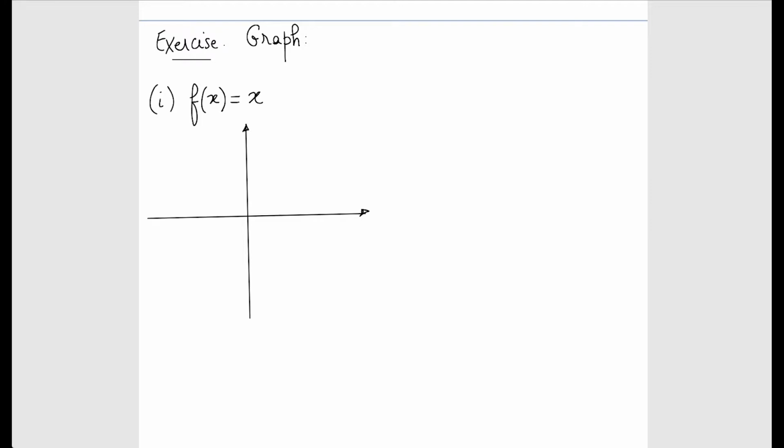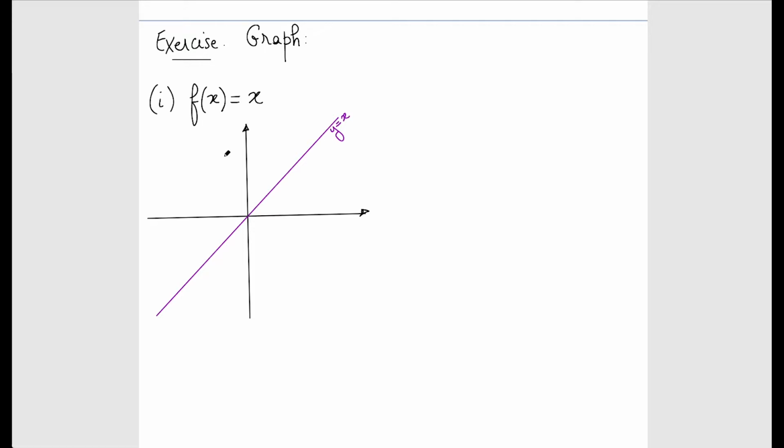So the function is going to be just the line that's going to go through the origin, and it's going to bisect the first and third quadrants, right? Quadrant 1 and quadrant 3. It's going to bisect it, meaning the angle here and the angle here are going to be the same. Likewise here and here, right? Okay, so that's the line y equals x. Okay, so that's the function f of x equals x.